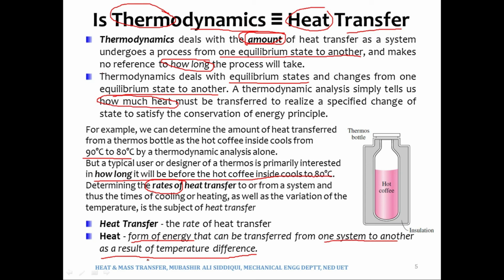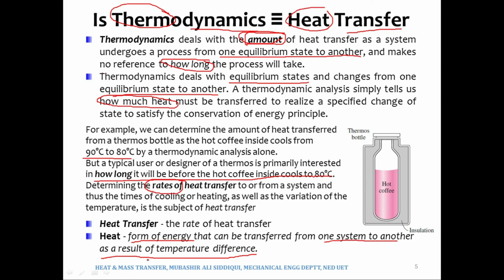A being at higher temperature would have higher energy content, and that energy would move from the higher temperature body, from A to B. As a result of this energy transfer, the temperature of A will reduce and the temperature of B will gain, because the heat which is leaving A is being gained by B. So the energy content of body B will go up, as a result of which the temperature of body B will increase.